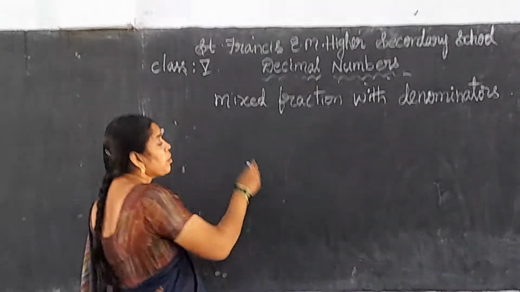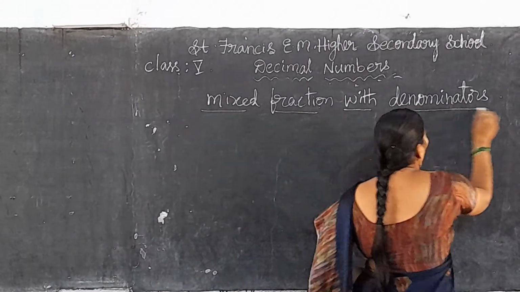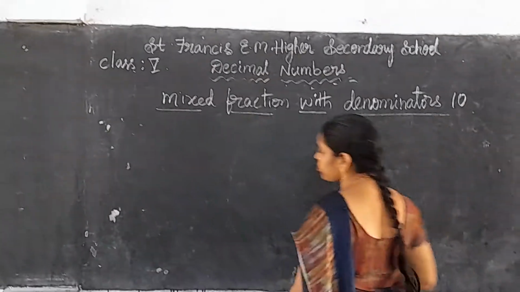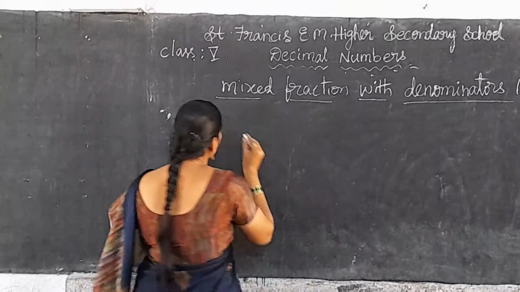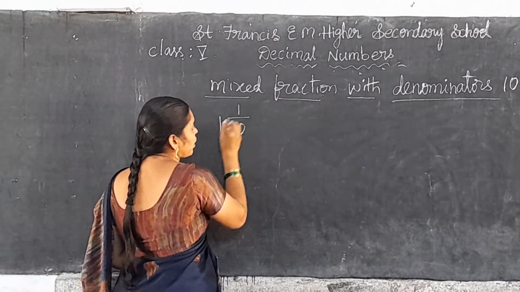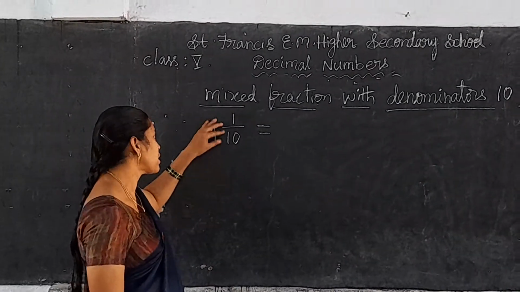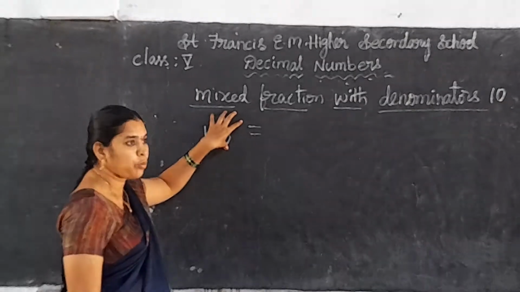See here, mixed fraction with the denominator 10. See here. Suppose 1, 1 by 10. This is a mixed fraction because this is a whole number and this is a proper fraction.